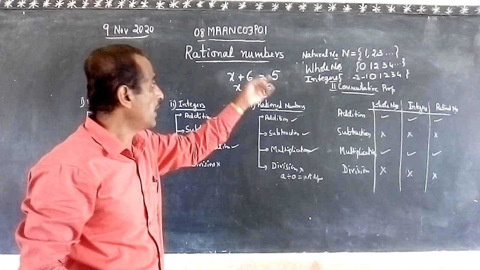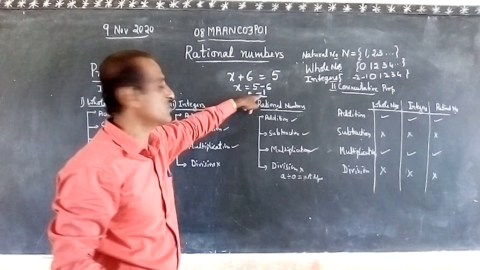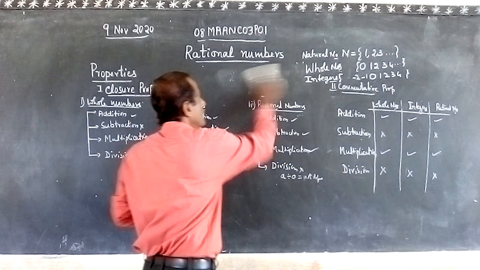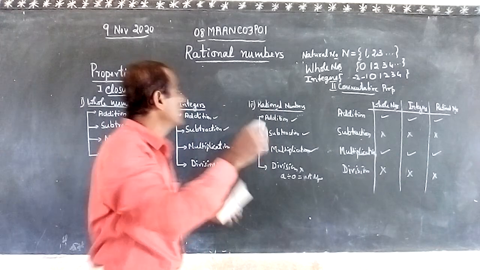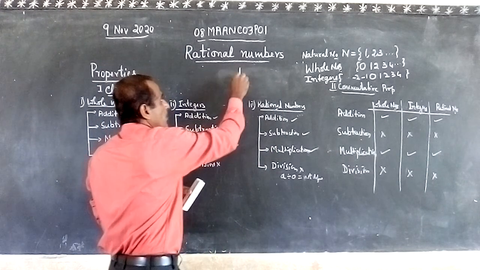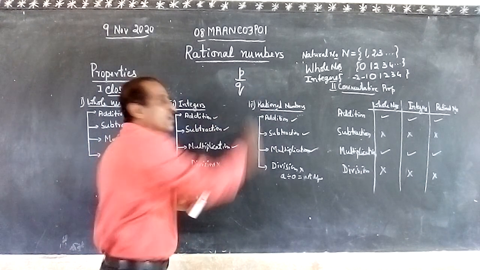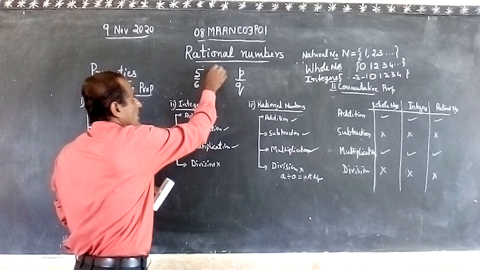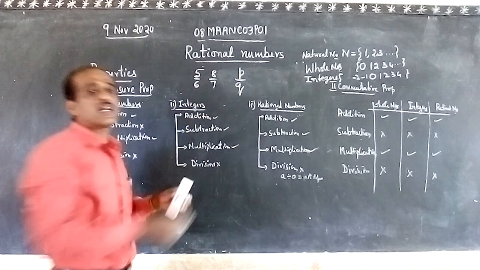Minus 1 is an integer. As I told you in my last lesson, a rational number means a number which can be represented in the form p by q. So 5 by 6 or 8 by 7, these are all rational numbers.